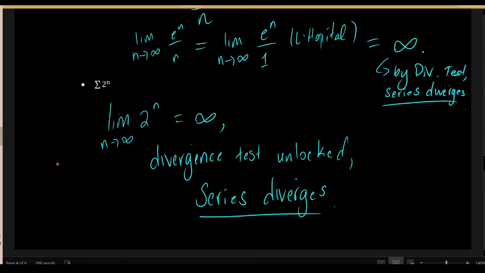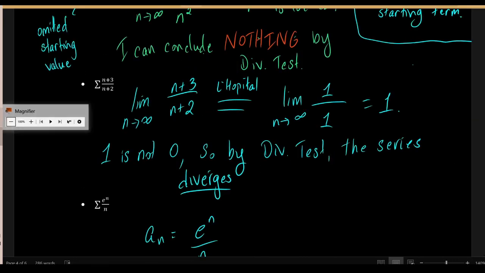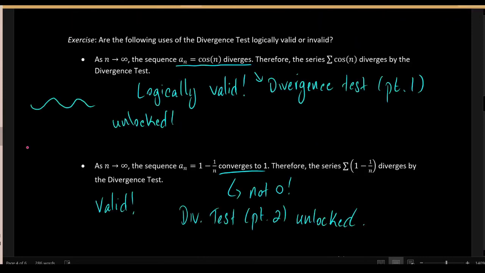In each of these problems, including the one with 2 to the n, when the divergence test was unlocked, we concluded that the series diverges.